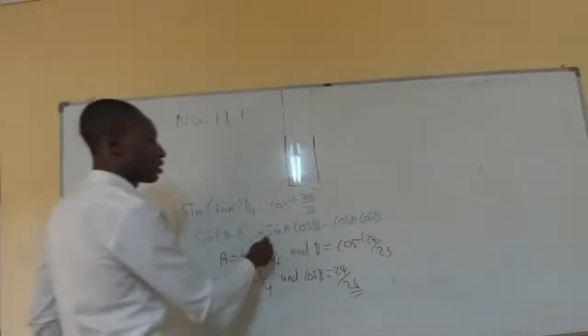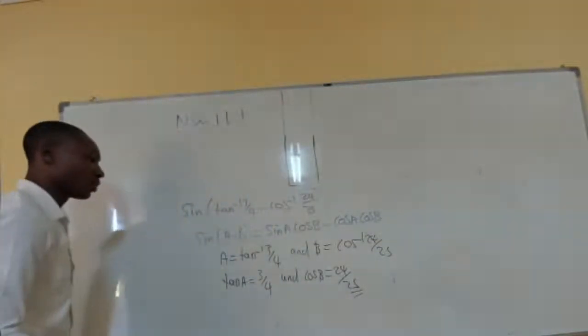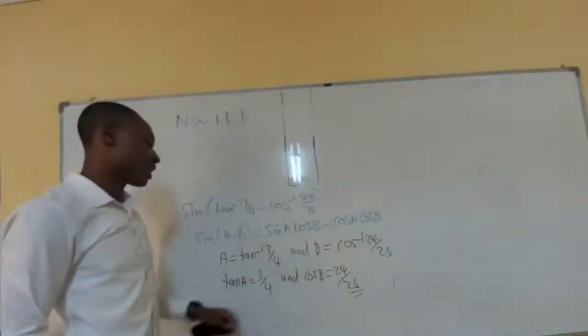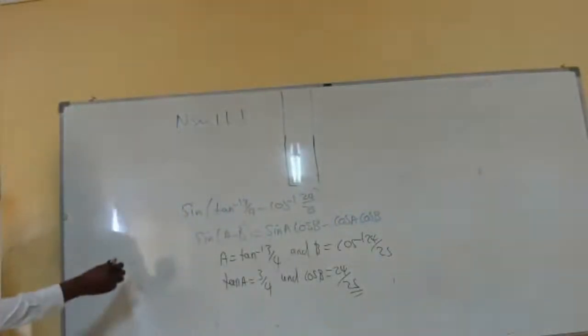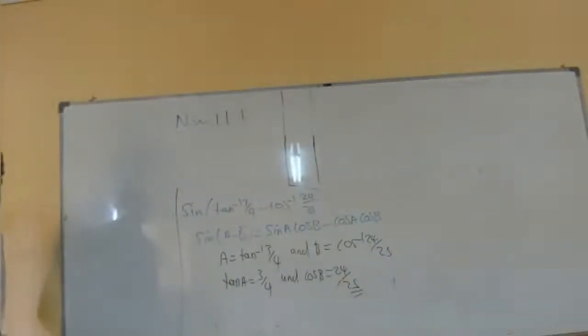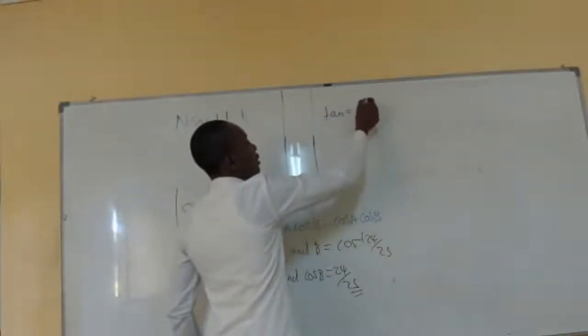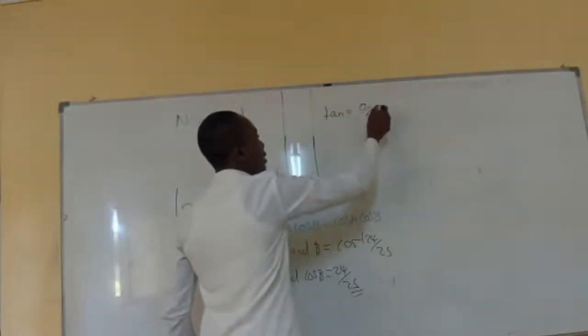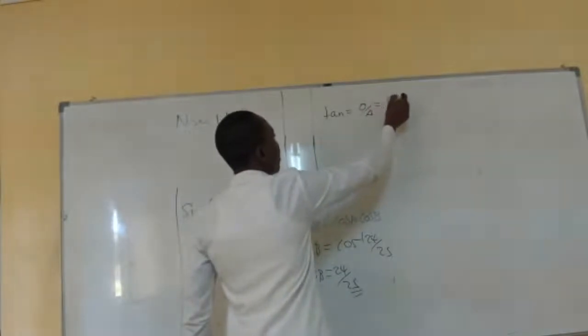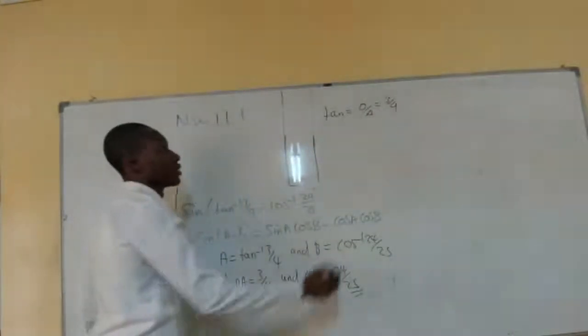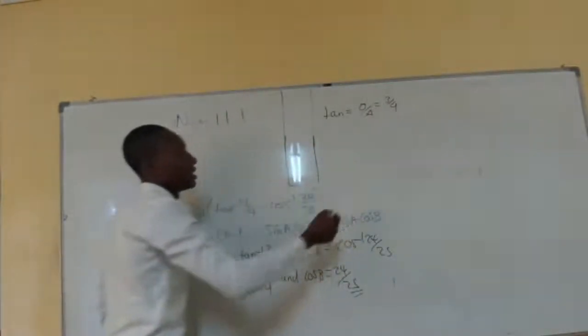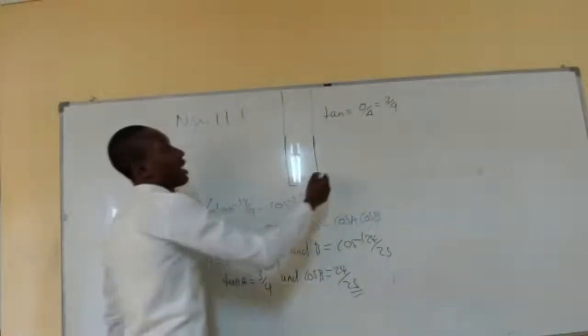You're looking for sine A, which we don't have, but we have tan A, right? Tan is opposite over adjacent, given as 3 over 4. So opposite is 3 and adjacent is 4. What is missing? The hypotenuse.